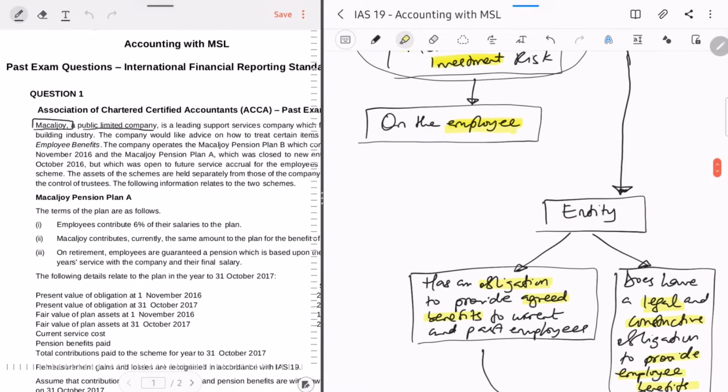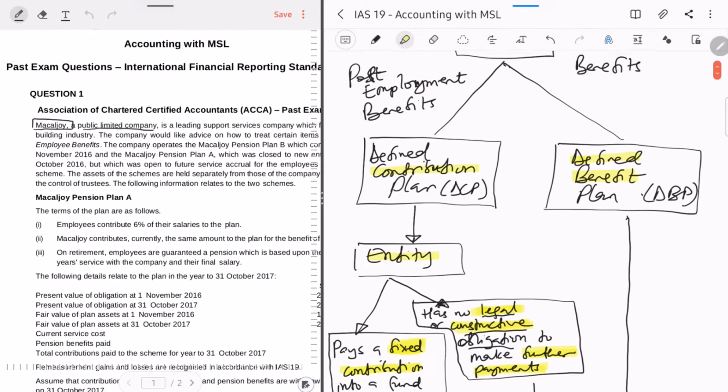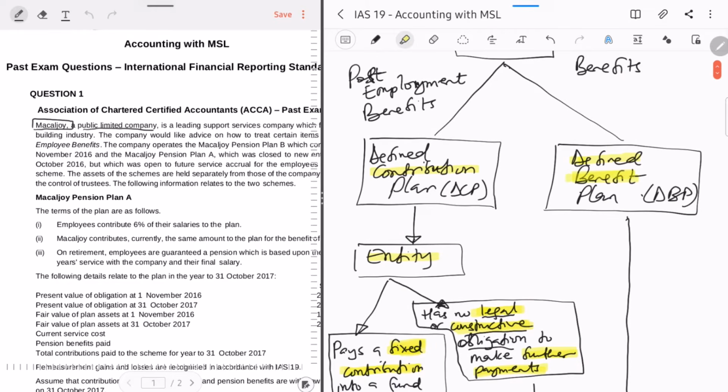So take note, the difference here is that the benefit is defined. What you get as a benefit is defined. So because of that, the employer bears the actuarial and investment risk. If you want to remember the difference between a defined contribution plan and a defined benefit plan, remember that one says defined contribution, only the contribution is defined.